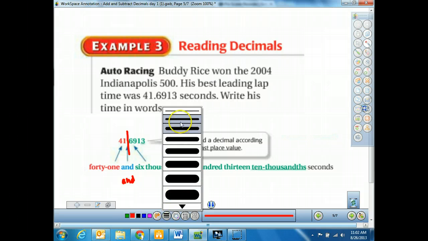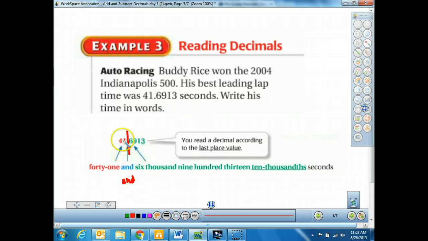So I look at what comes before the decimal point, 41. So that's when I write out 41, F-O-R-T-Y O-N-E. So 41, and now I need to work on this last part.